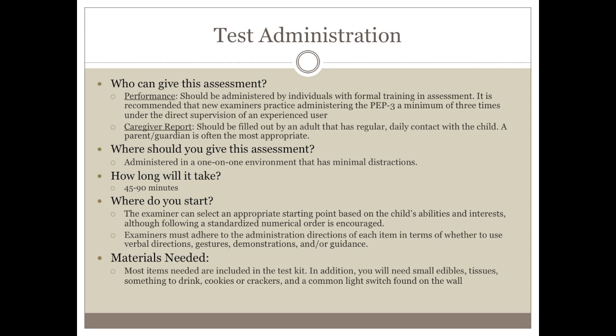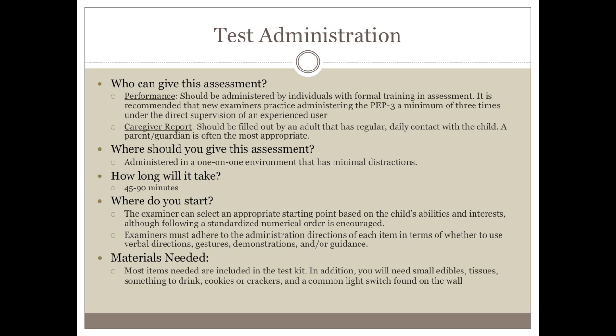When administering the performance portion of the PEP 3, certain test administration guidelines should be followed. New administrators of the PEP 3 should practice the performance assessment at least 3 times under the supervision of an experienced user. Examiners should be careful to follow the specific administration directions of each item in terms of whether to use verbal directions, gestures, or other prompts during the assessment administration.